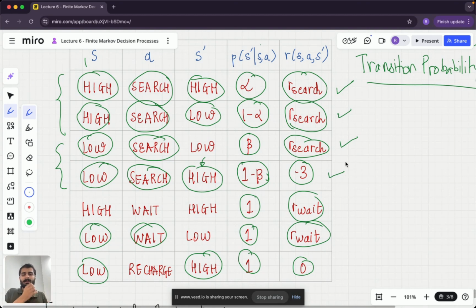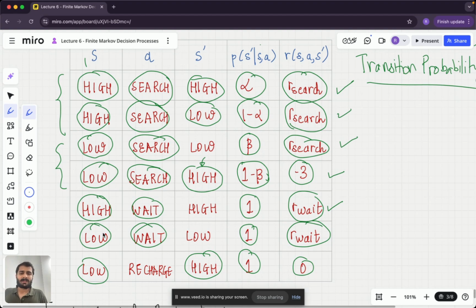And the next case is if my state is high and my robot is waiting, then obviously S dash will also be high over here because if my battery is charged and I'm not doing anything, my battery will stay high. But the reward I will get here is R wait, which is less than R search because I'm waiting for someone to come and place the cans in my bucket.